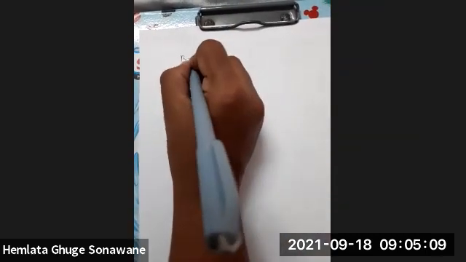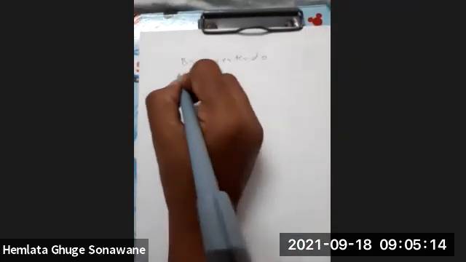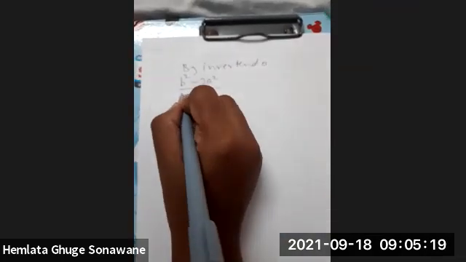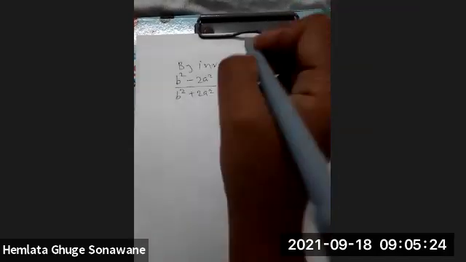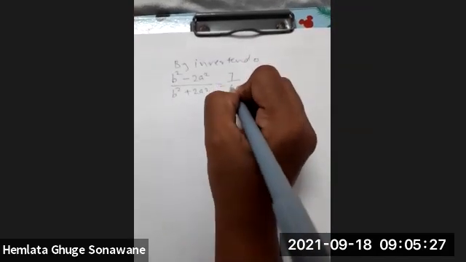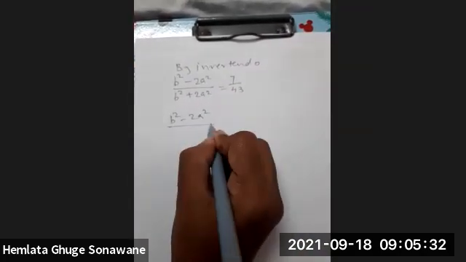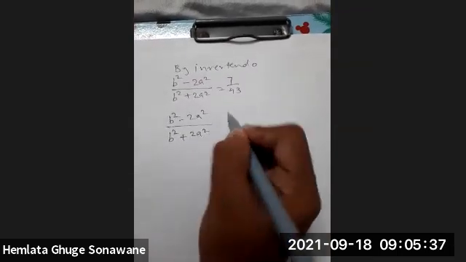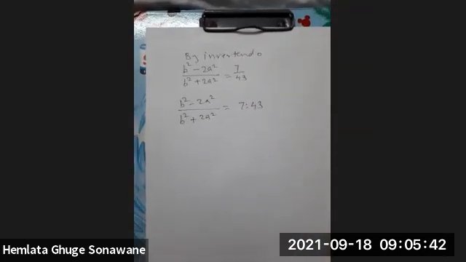So by invertendo, b square minus 2a square upon b square plus 2a square is equal to 7 upon 43. So we have got the ratio of b square minus 2a square upon b square plus 2a square as 7 is to 43. This is our answer. Just go through this.